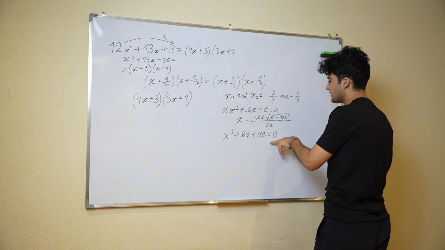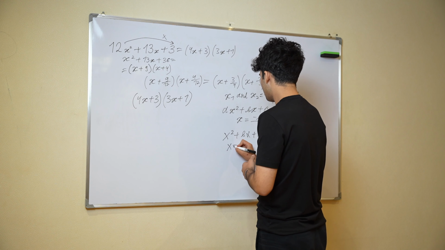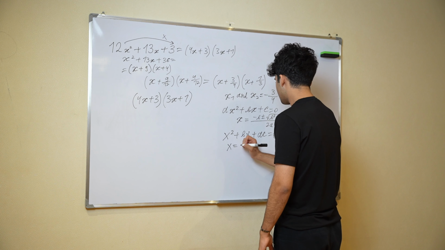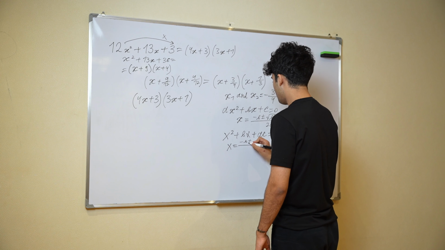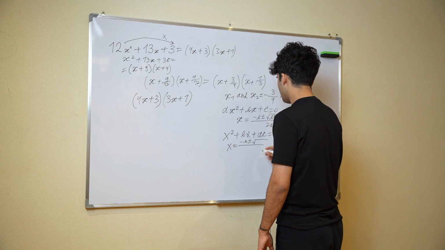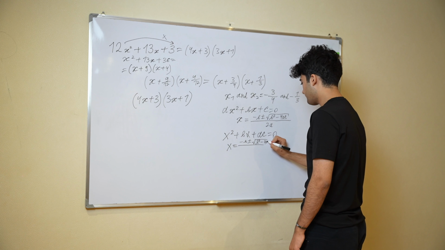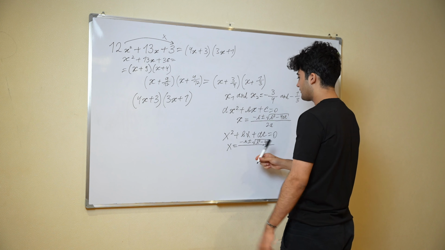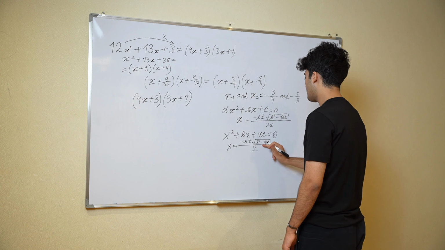So the quadratic solution for this equation is going to be x equal to minus b plus or minus the square root of b squared minus 4ac, and divided by 2. The coefficient of x squared here is 1, so we're going to have divided by 2.